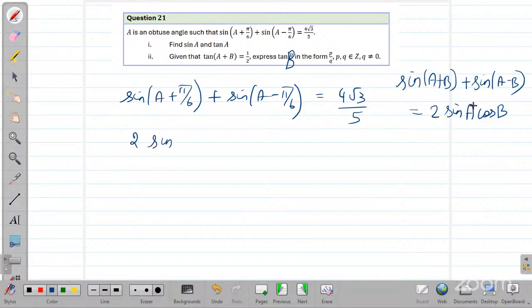So if I just apply the formula, we have 2 sine A cos pi over 6.